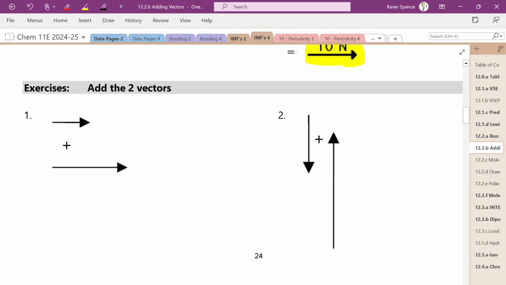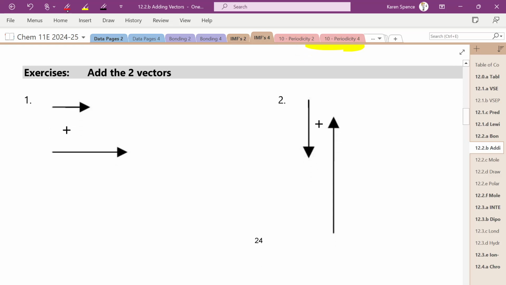You can practice doing these if you want to. What you would have to do is, say if you had this one here, you would have to actually line them up, right? Instead of having this here, you would move it over here. So you can say, okay, your net dipole would then be this.